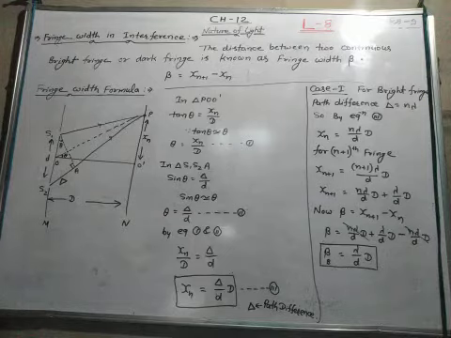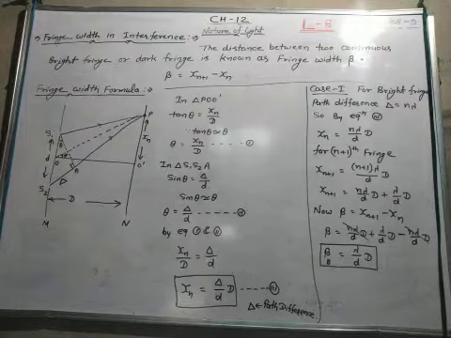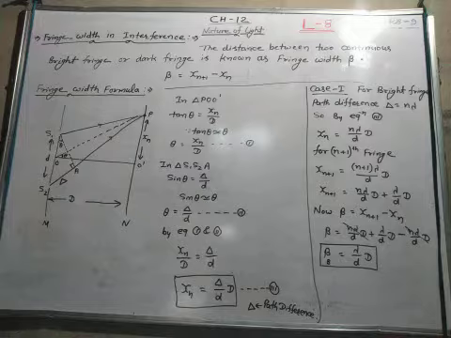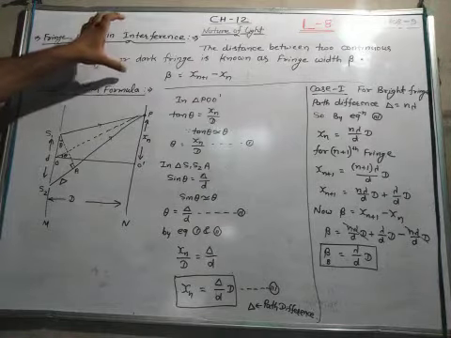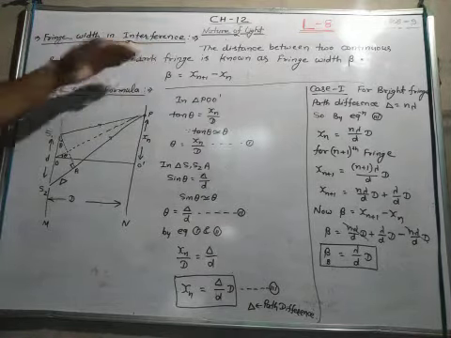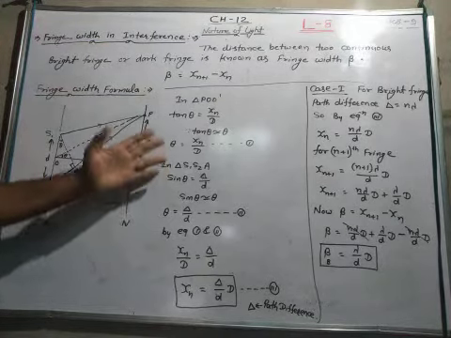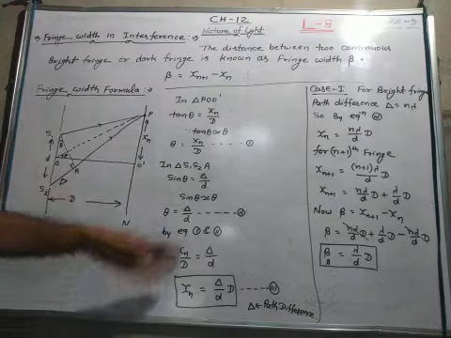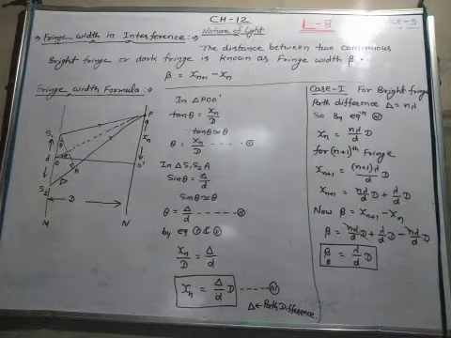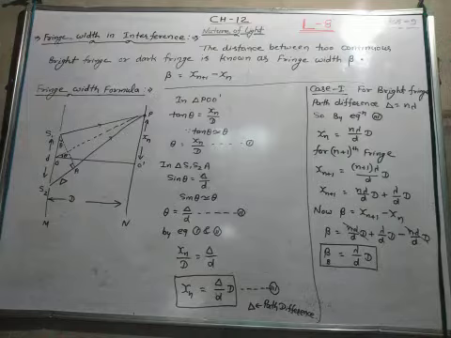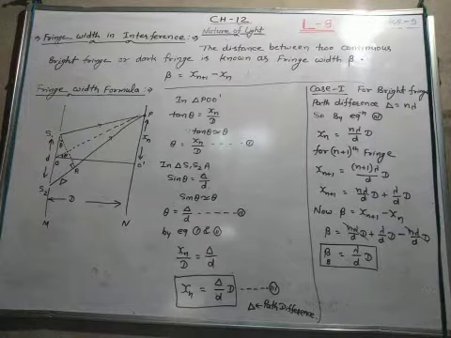Now you can take a screenshot of this method to prepare your notes. First we write the fringe width definition and formula, then derive the formula, make the diagram, take two triangles and equation third. After that, case first for bright fringe, and then case second for dark fringe.